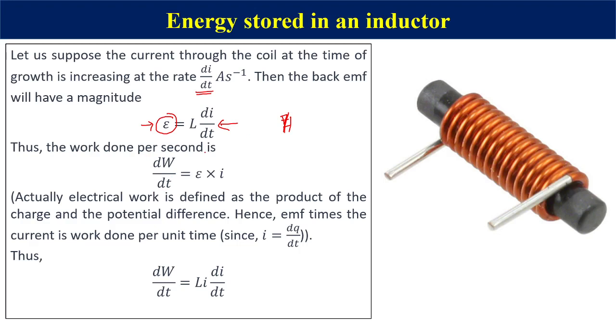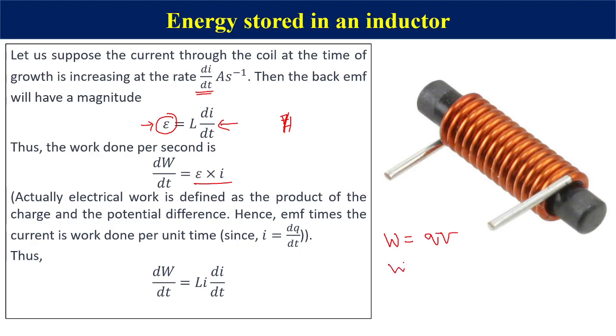Therefore, the work done per second, what is the work done per second? dW dt, that's equal to epsilon into the current which is flowing. All right. So why have I written this? Work done in electrical sense is just the product of the potential difference multiplied by the charge. Generally, we write Q into V, where Q is the charge and V is the potential difference.